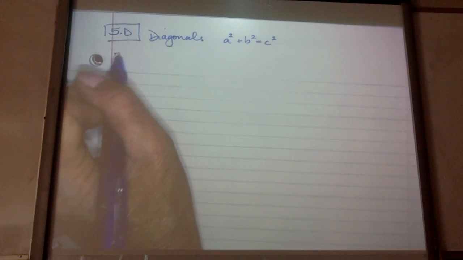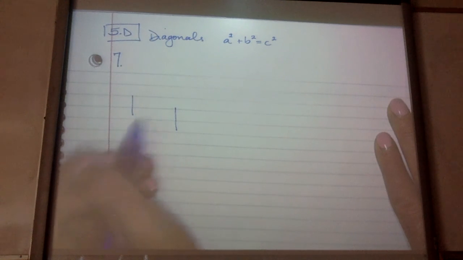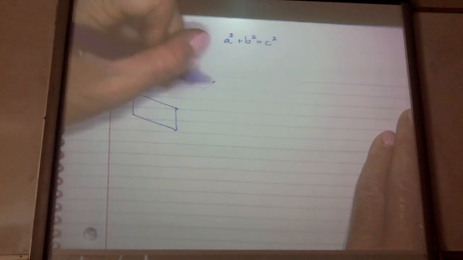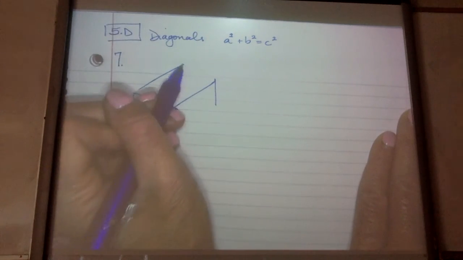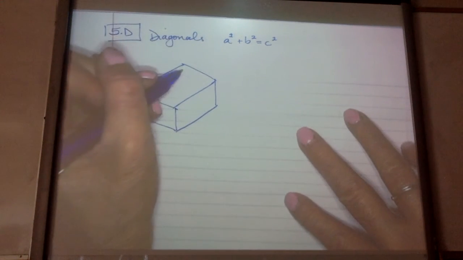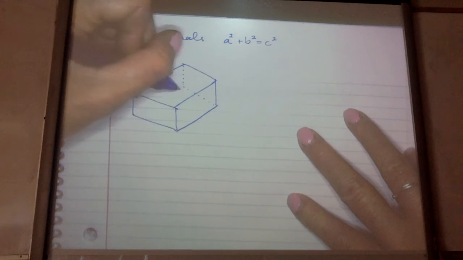So number 7, I'm going to draw a 3-dimensional figure because I'm amazing. And then I'm going to give you some information similar to what the book will do.